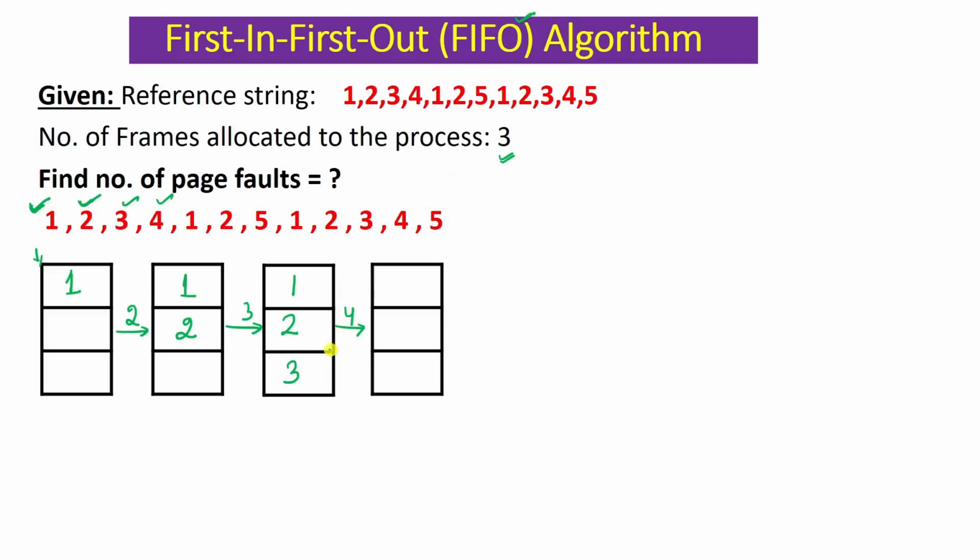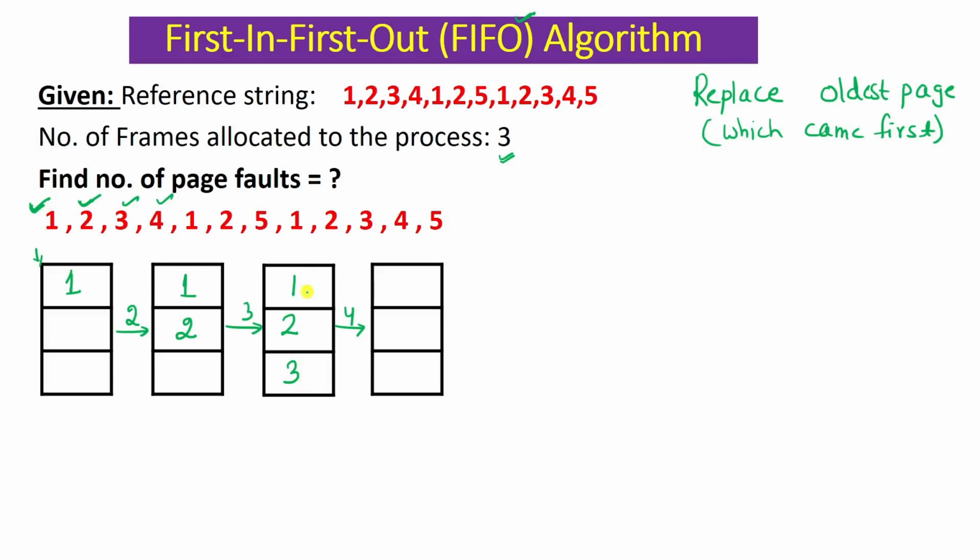The FIFO algorithm will tell me which page should be selected from these frames. FIFO says replace the oldest page, that is, the page which came first, or the oldest page which came inside these frames. Take that page as the victim page.